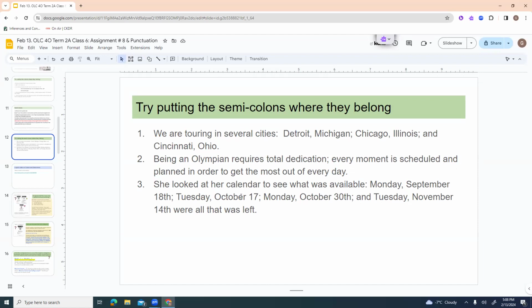"She looked at her calendar to see what was available: Monday, September 18th; Tuesday, October 17th; Monday, October 30th; and Tuesday, November 14th were all that were left." Now, there's no semicolon here because the list has ended and we're switching back into the main sentence. So it would look odd and it is unnecessary.